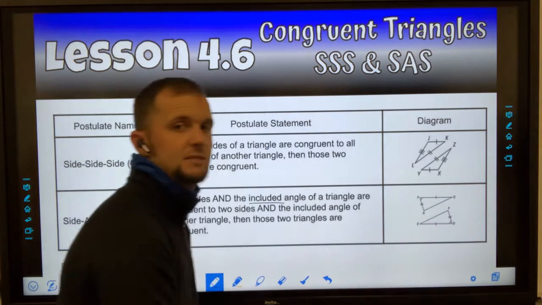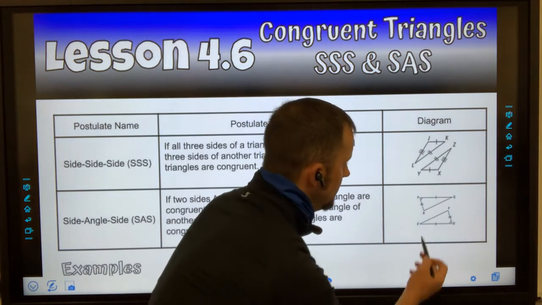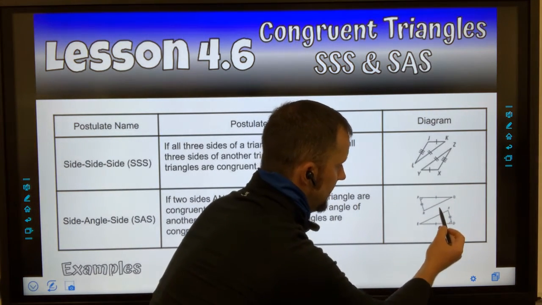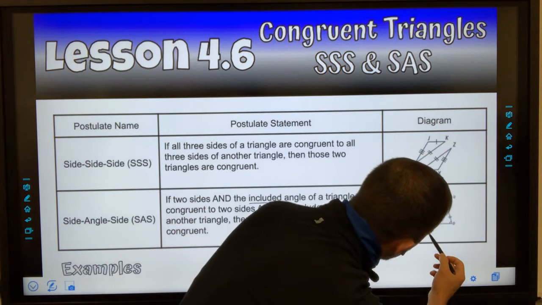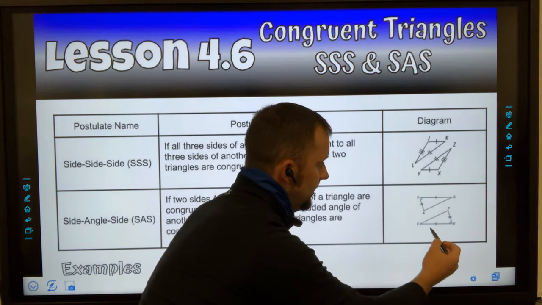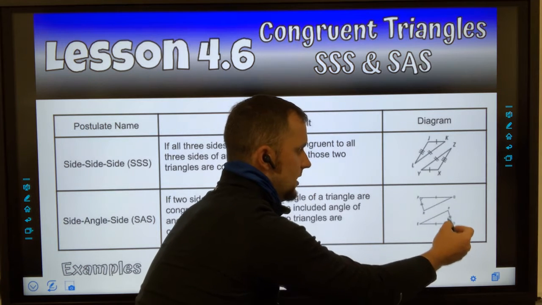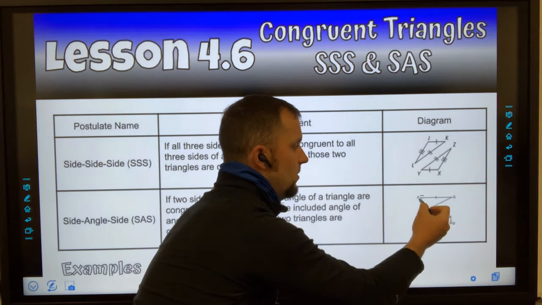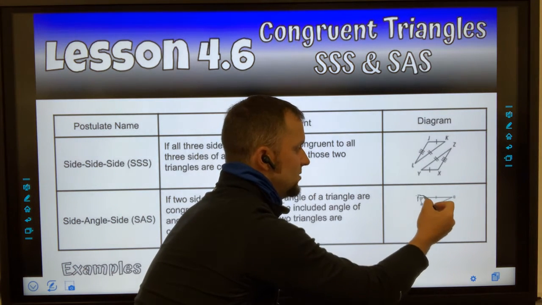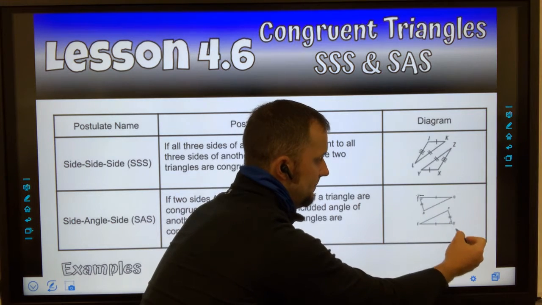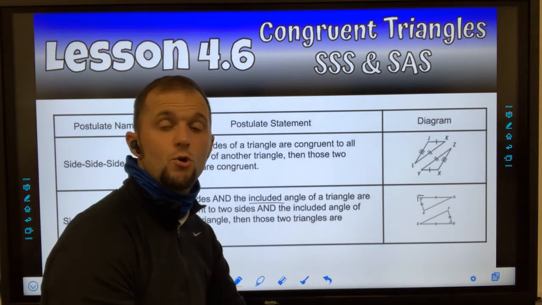Let's look at this example. PO has one notch on it, and EG has one notch on it. Then these two have two notches, and these two have two notches. The angle that is made up by both of those sides is congruent in each triangle.